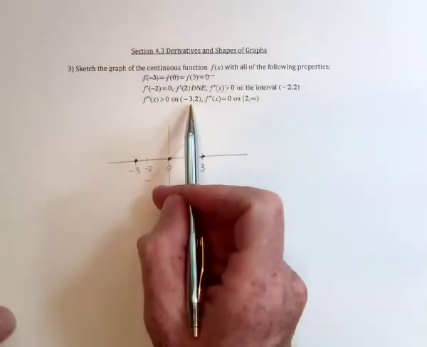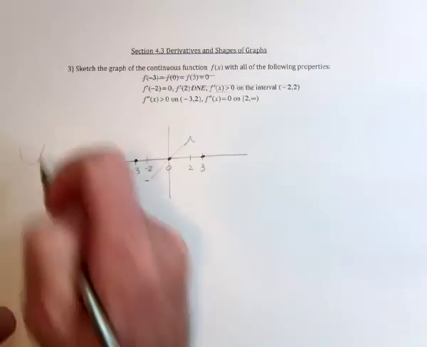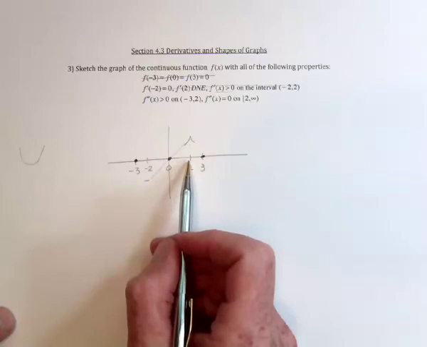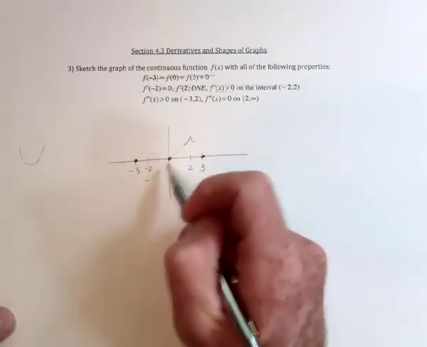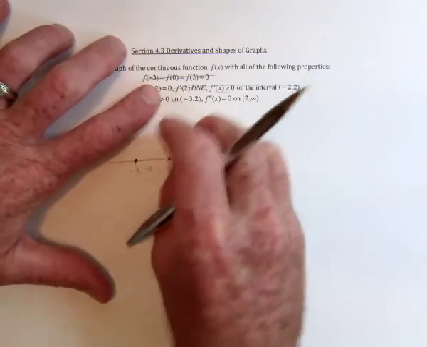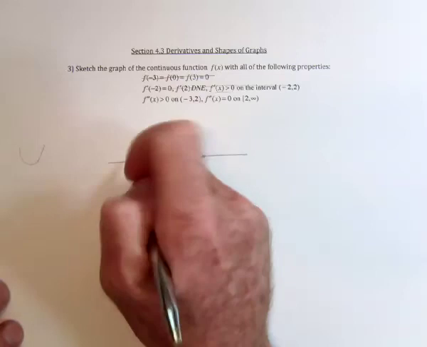Next, from -3 to 2, it is concave up. So I need to make sort of this shape from -3 to +2, which means me drawing a straight line right here is not quite it. It needs to be more like a U shape.